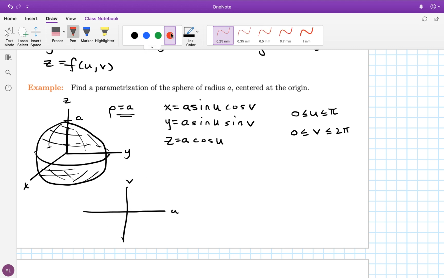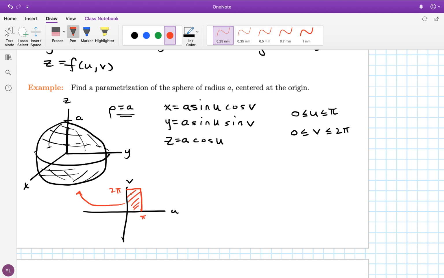Okay, so the parameter space here is a rectangle, which was inspired by the phi and theta spherical coordinates. We have this rectangle, 0 to pi, 0 to 2 pi, and we visualize this parameter space as wrapping around the sphere. This would be like, if you go in the other direction, when you look at a two-dimensional map of the Earth. We do this all the time, right?